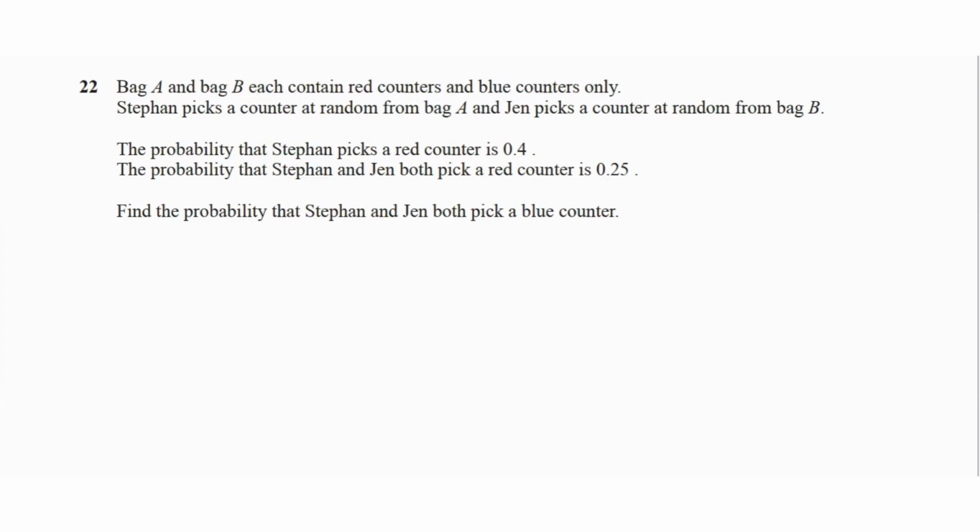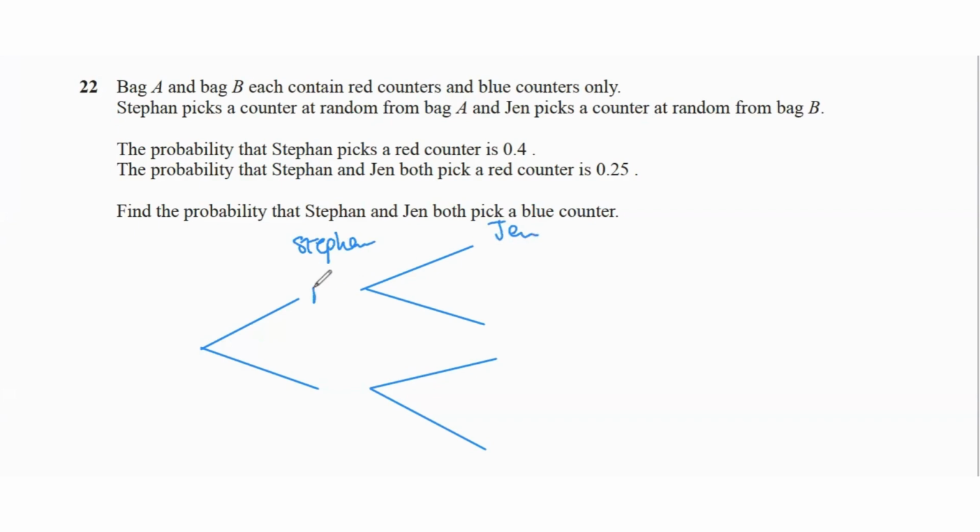So we're going to draw a tree diagram over here. We have two people and we have two types of counters. This is for Stefan and this is for Jen. So we have red, blue, red, blue, red, and blue.